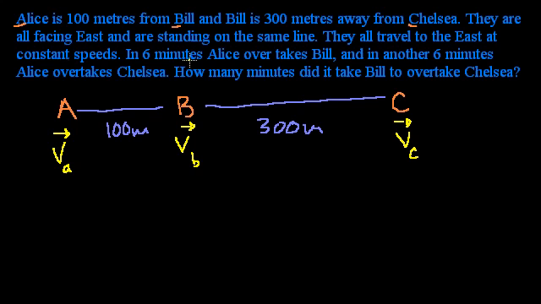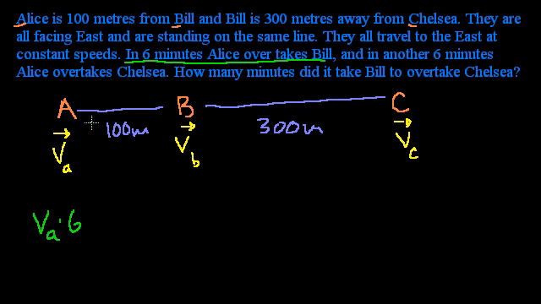In 6 minutes, Alice overtakes Bill. So what has to happen? Let me do this in another color and write down what that equation would look like. I'll do it in green. This tells us the distance that Alice travels in 6 minutes. It would be the velocity of Alice times 6.